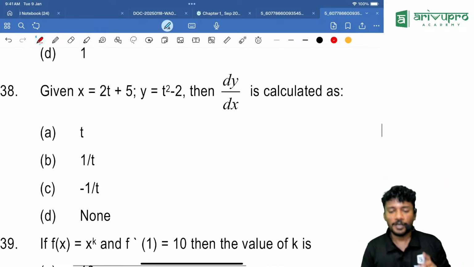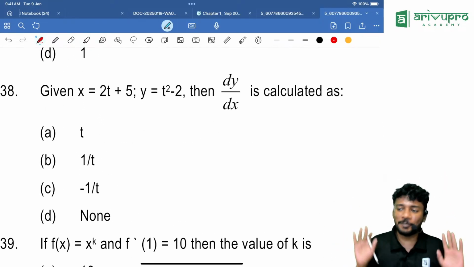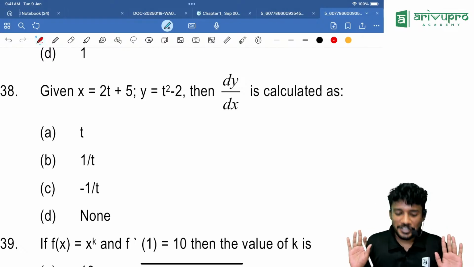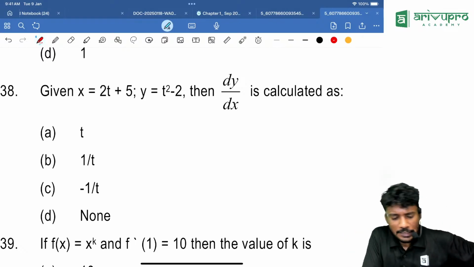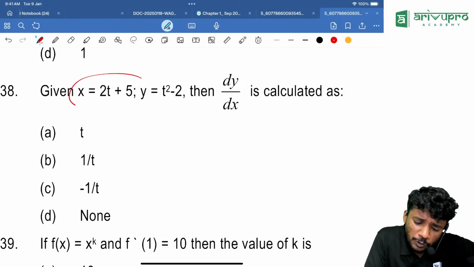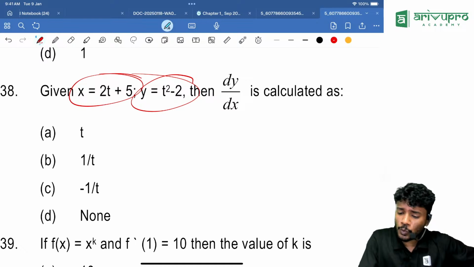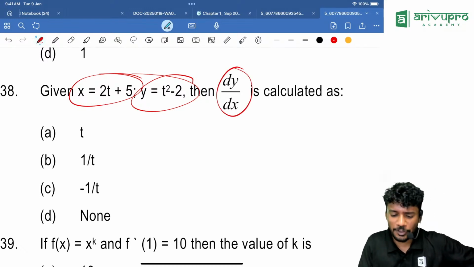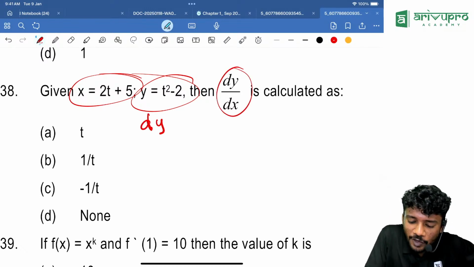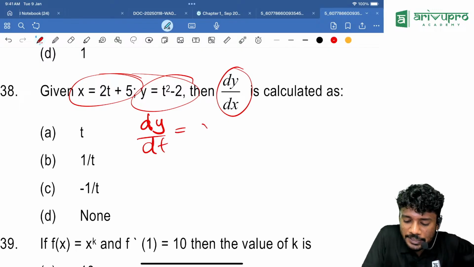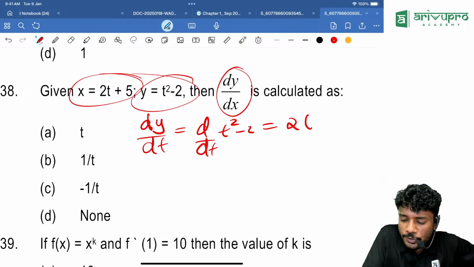Here, look at this. One of the most repeated types from our differentiation. X is equal to 2t plus 5. Y is equal to t square minus 2. dy by dx is how much is the question. First find dy by dt. How much is it? d by dt of t square minus 2, which is equal to 2t.